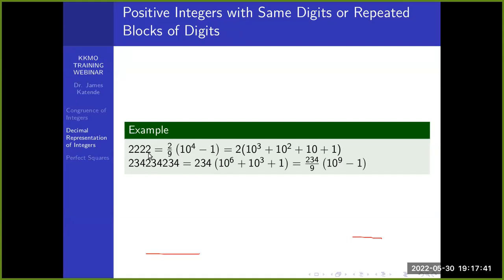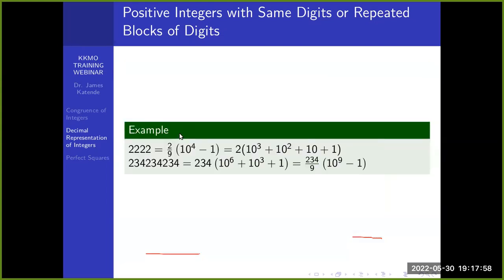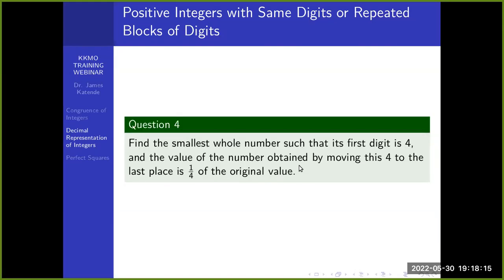So it's 2 repeated 4 times, so n is equal to 4. If you go back to the formula, it will be 10 raised to n minus 1, where n is 4, divided by 9. That's the sum that you're looking for, and then you multiply by the digit that is repeated. The same idea is done here, but this one we've already done an example, so that should be clear. Just to illustrate the results that we have just looked at.